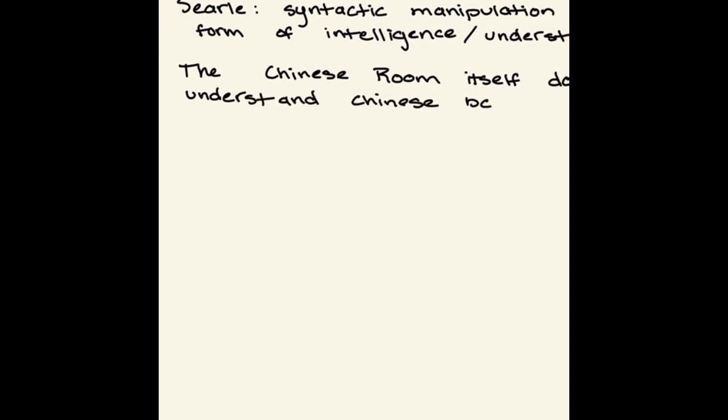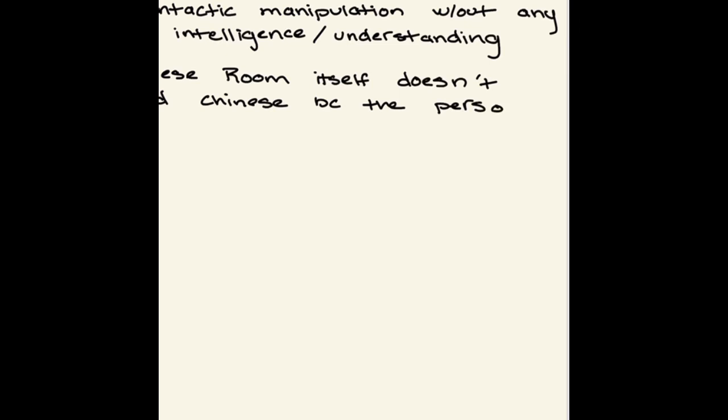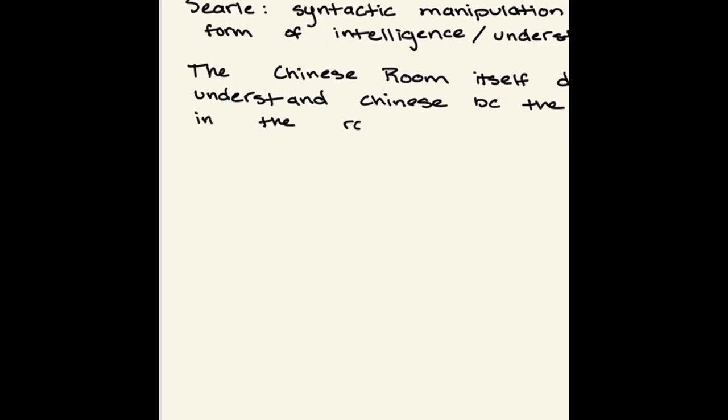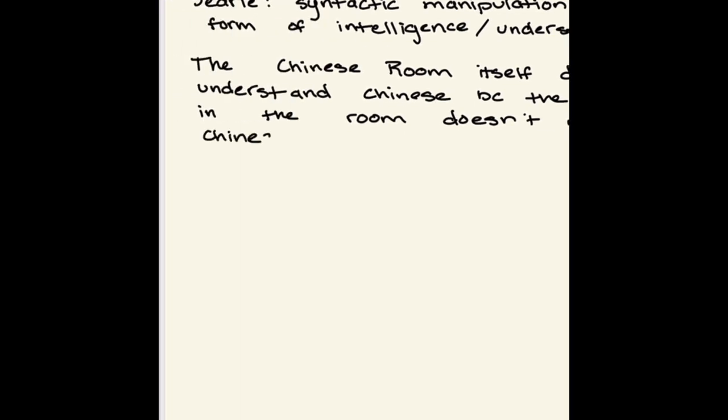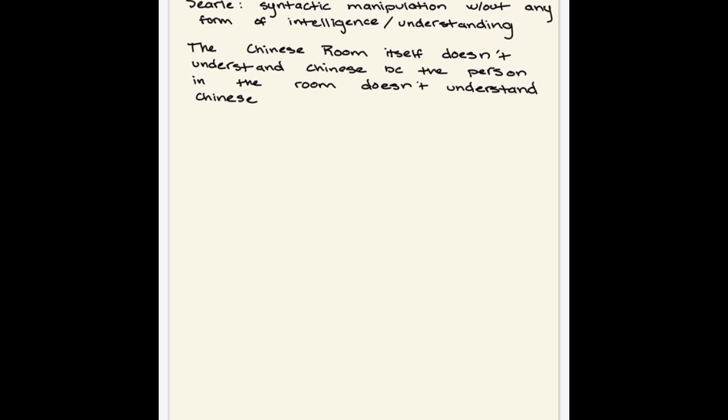And so the argument is that the Chinese room itself doesn't understand Chinese because the person inside the room doesn't understand Chinese. So how would the room, like there's no actual understanding of Chinese going on. It's just symbol manipulation. And so this reveals problems with the Turing test, and that's a completely different thing, but that needs its own explanation, but it reveals problems with that.